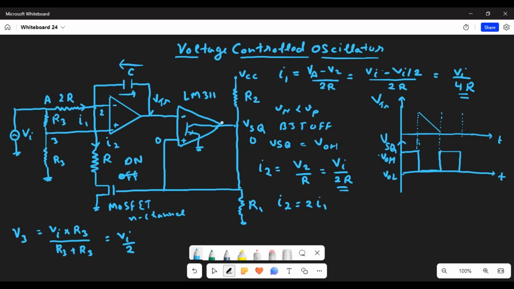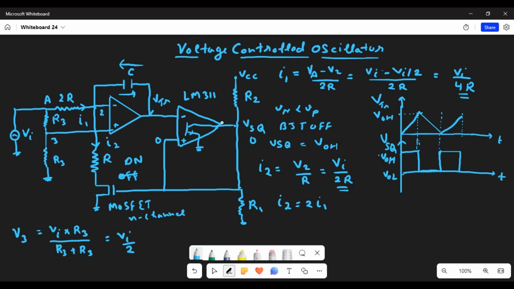So now VTR starts going upwards, and the moment it reaches a value greater than that at the non-inverting terminal, like greater than VOH, VSQ will immediately go to 0.